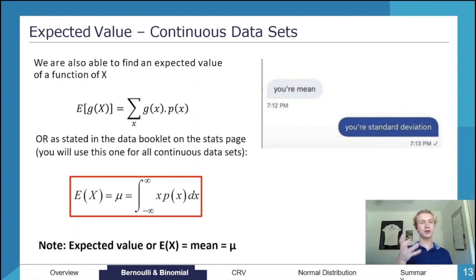Well, if we were given a function that described this, we would integrate that function between 1.6 and 1.8 if it was in meters. And what we would find is actually the probability that we would find a student between those two sets. And it's a really interesting function.